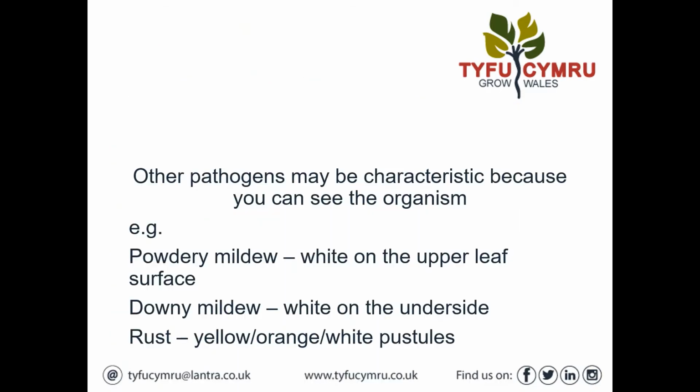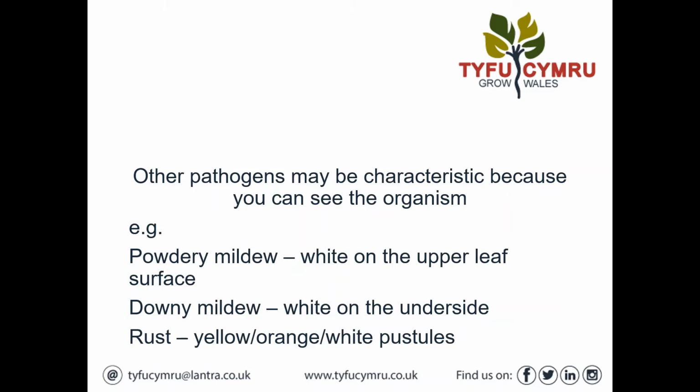So those are symptoms you might see on the leaves, but sometimes you can see the pathogens themselves, and that might be characteristic for the diagnosis. Examples of that would be powdery mildew, which gives a white surface on the upper leaf surface.